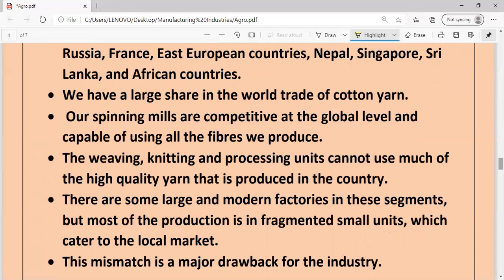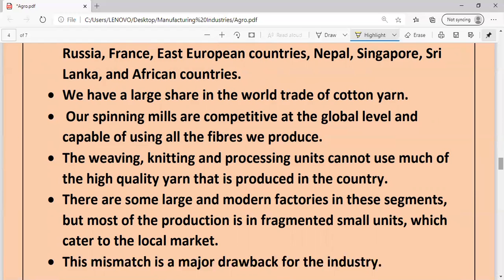The weaving, knitting, which means making of fabric, like woolen cloth making, and processing units cannot use much of the high quality yarn that is produced in the country. So why are we not able to? As I told you before, our weaving sector is not up to the mark. Other countries are using our high quality yarn, but we are not in a position to use it.